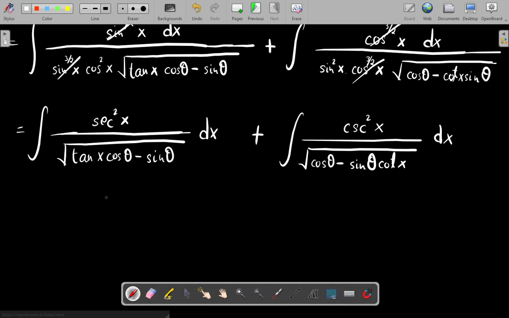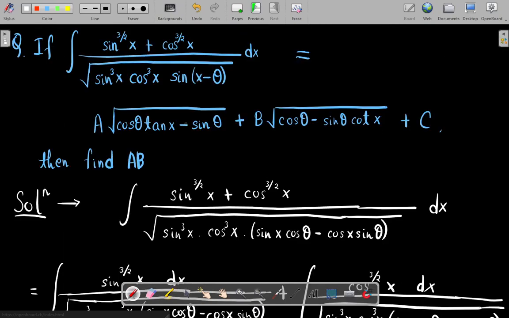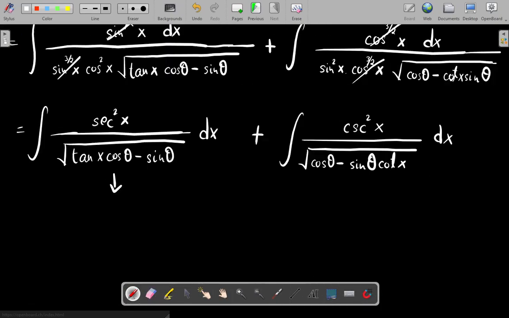Now, for this integral, if we use the substitution, we need this term, right? This tan x cos theta minus sin theta has to be present in the final answer, right? So what if we take u equal to this term, tan x cos theta minus sin theta.